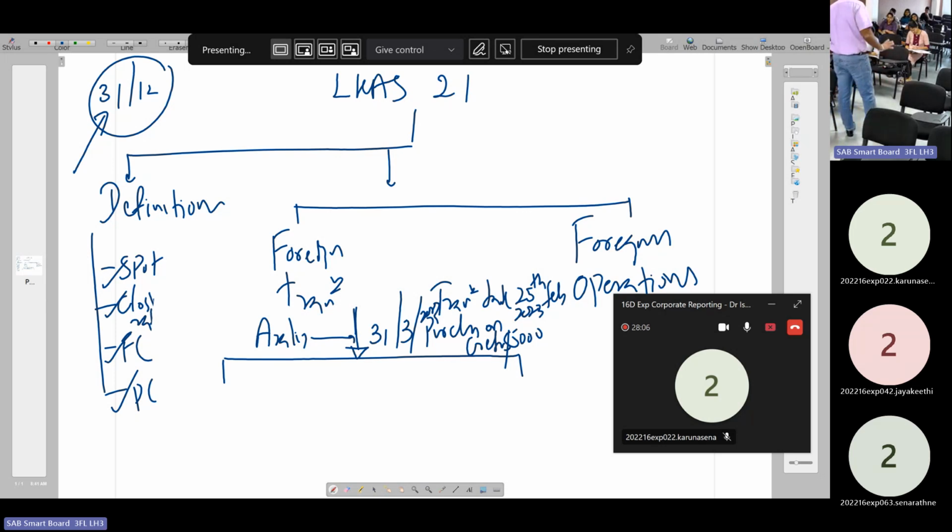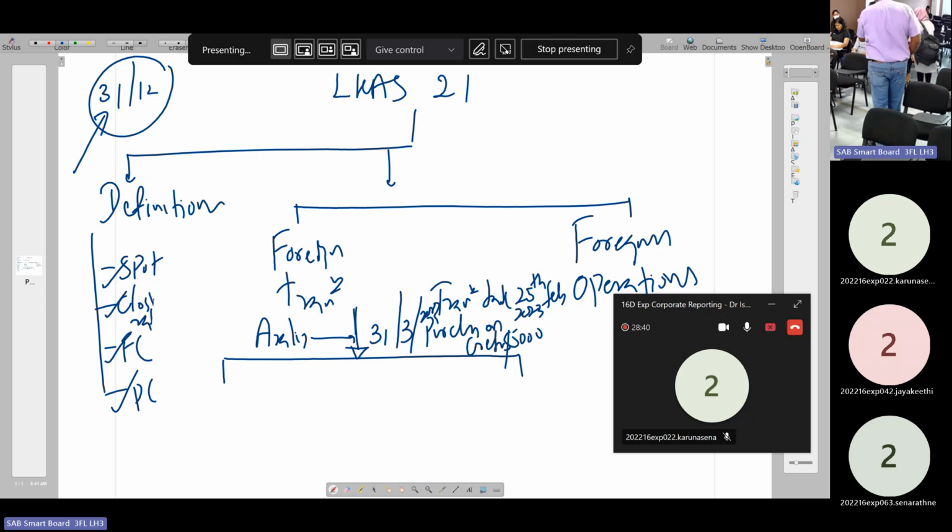How did the transaction actually develop on 25th of February? How many dollars? 5,000 US dollars. Functional currency is LKR. What is the transaction date? 25th of February.